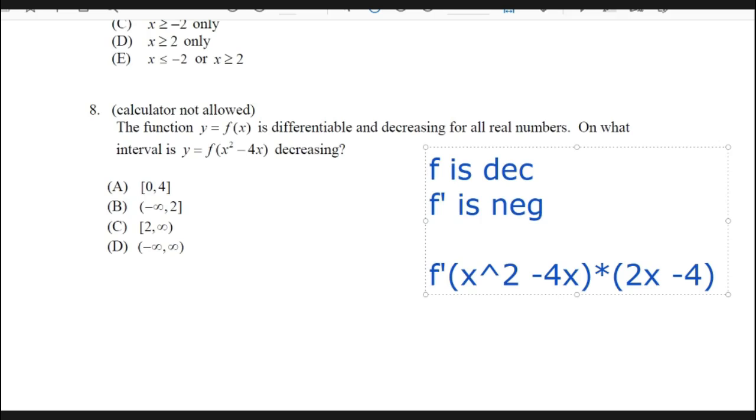So automatically that eliminated for me answer choices that involved anything other than 2. So I automatically eliminated D and A. So now you've got a 50-50 with B and C.